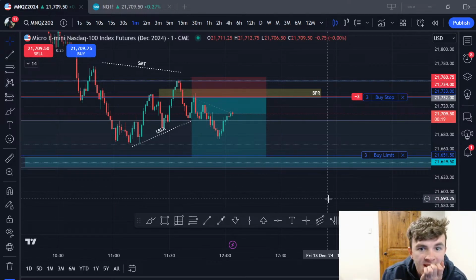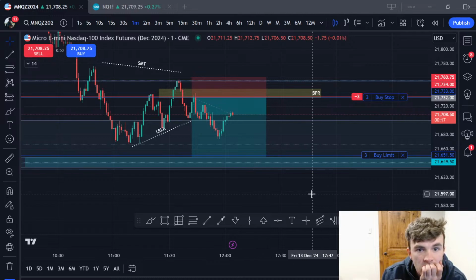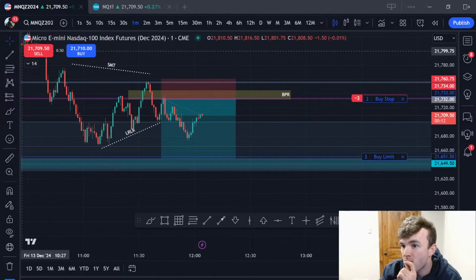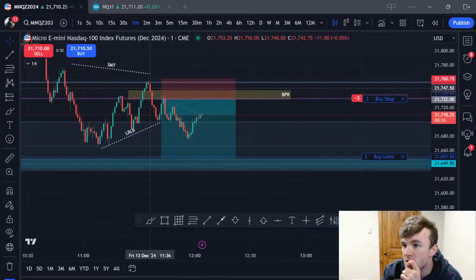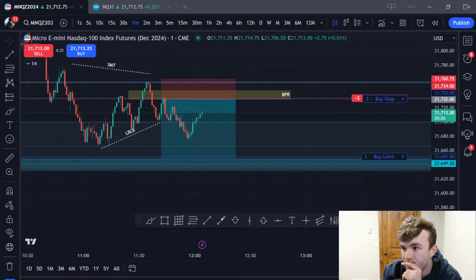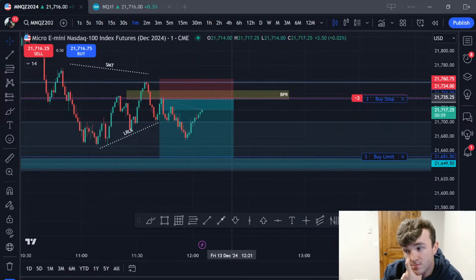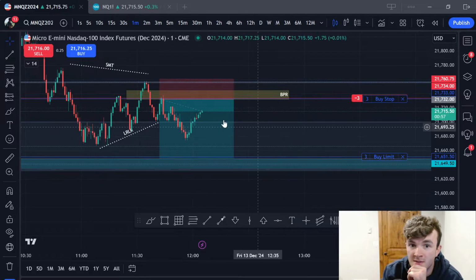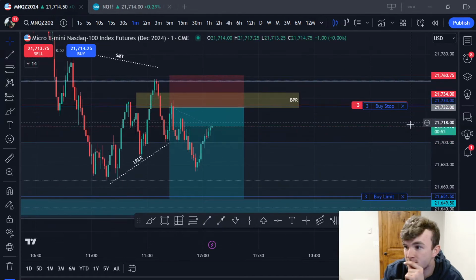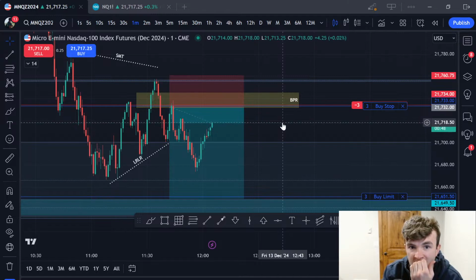Market's really slowing down though. We might get another retest of midnight here. Yeah, we're retesting midnight. I wonder how we'll react.